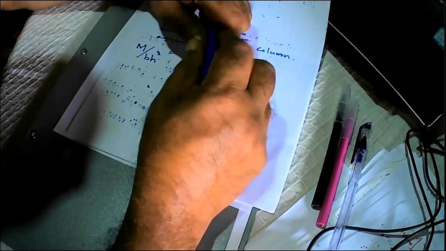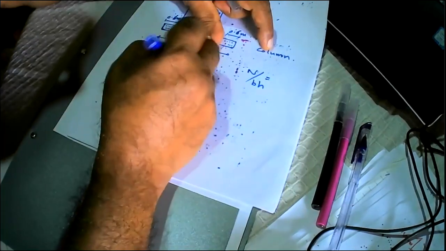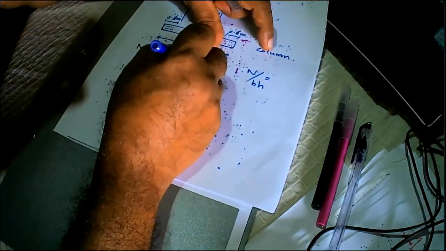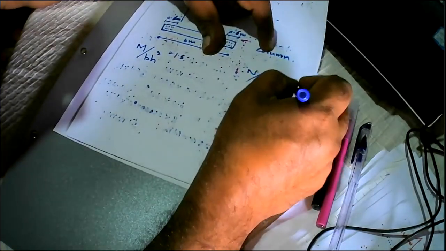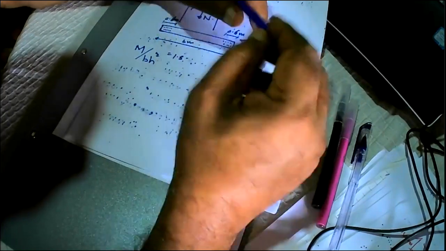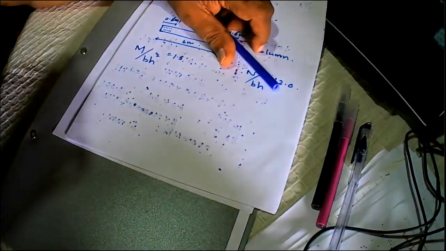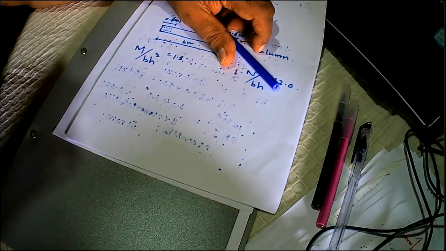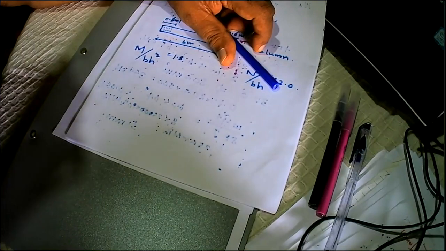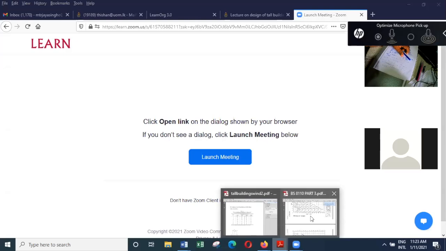And then, say this value is 1.5. This value is 12. Then we will be able to make use of a chart like this.